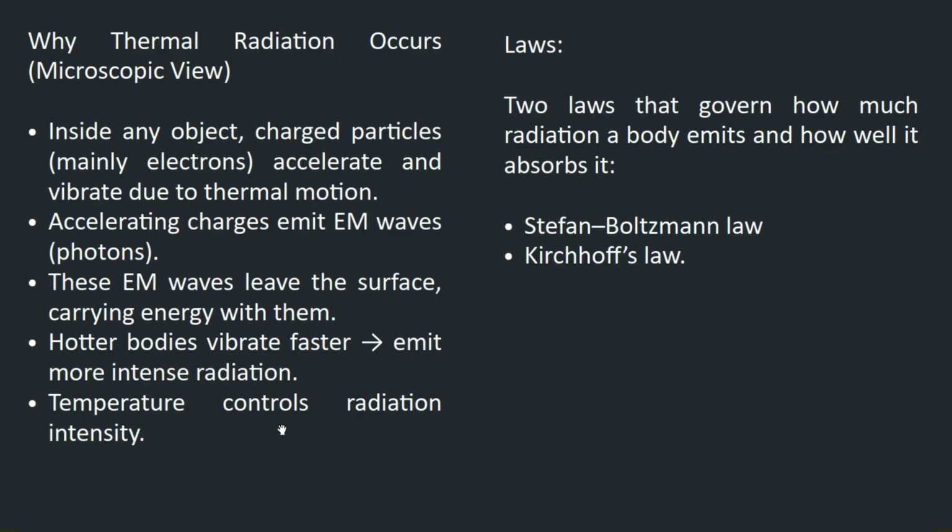Temperature controls radiation intensity. These are a set of points actually. The why part was till here, and this is a note part. My bad, I should have edited it properly. This is the why part, and this is a small note: a hotter body vibrates faster, so it emits more intense radiation than a cooler body, and the other way around.